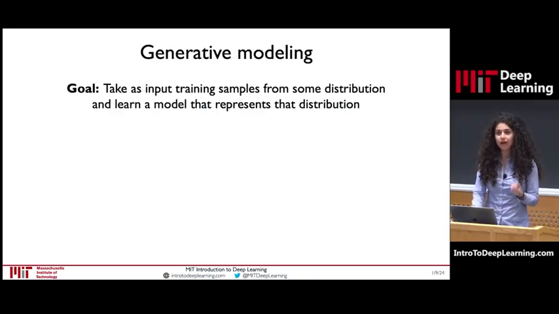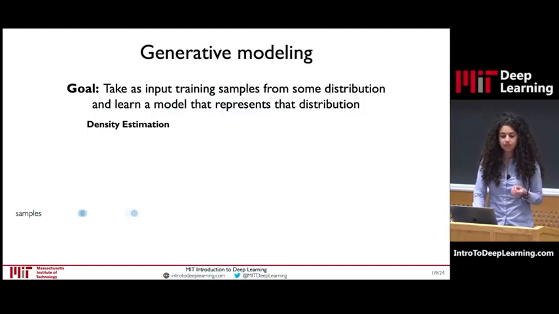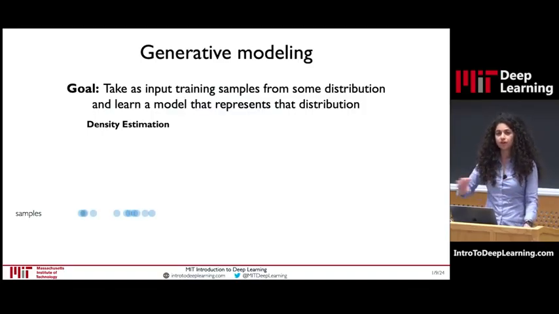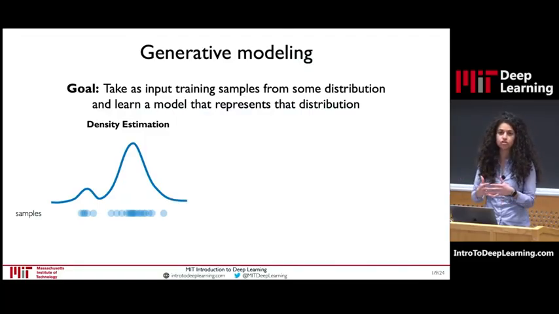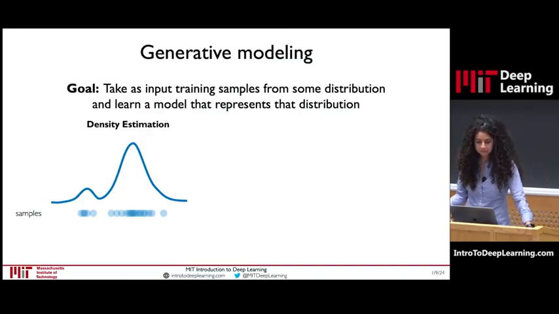What that means and how that is realized is in two principal ways. The first is that we can build models that perform what we call density estimation, meaning that these models see a bunch of different samples of data and learn to fit a function that models the probability distribution associated with how those data fall in some space.